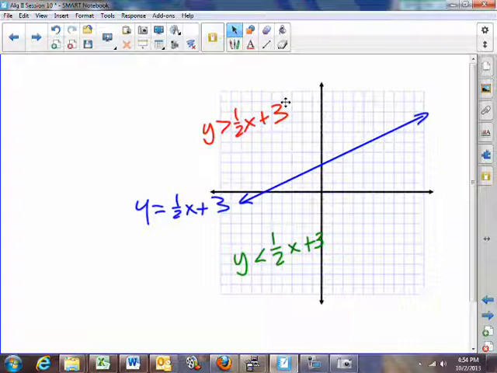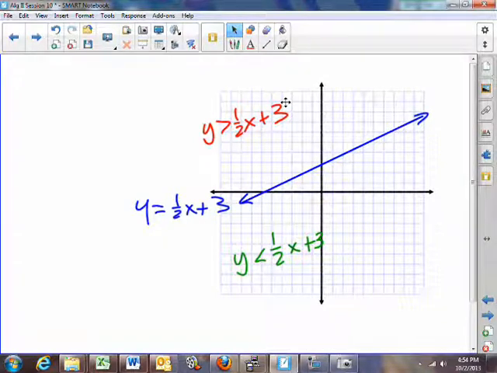Now, you have probably done some of this in the past, and you've learned that if you have greater than or equal to, you would draw a solid line or curve, or if you have just greater than, it would be dotted. That is because if we had y is greater than or equal to 1/2 x plus 3, we have both the region above the line and the line itself.